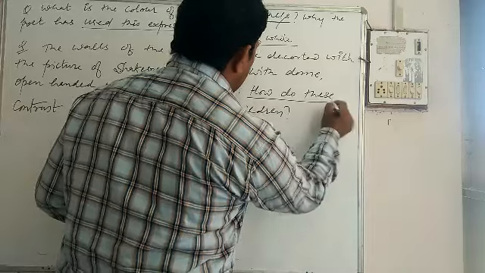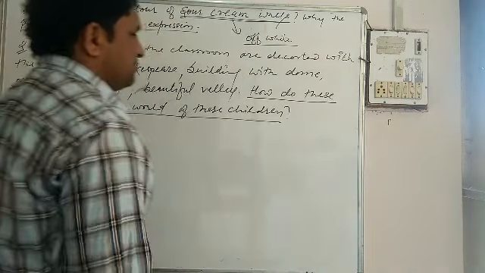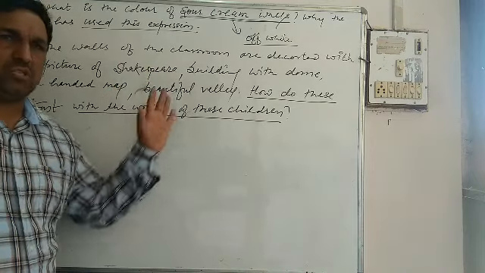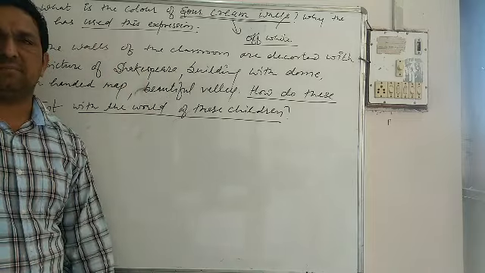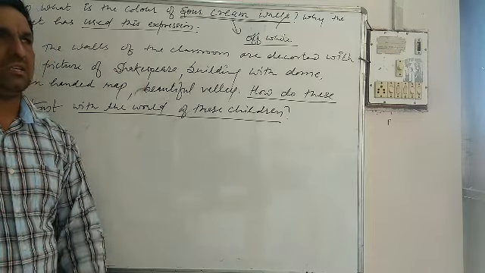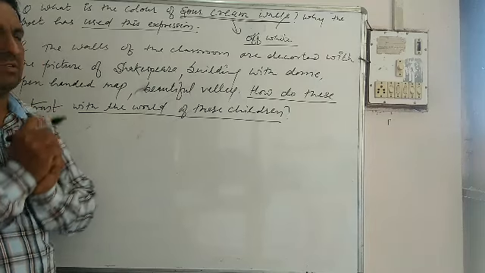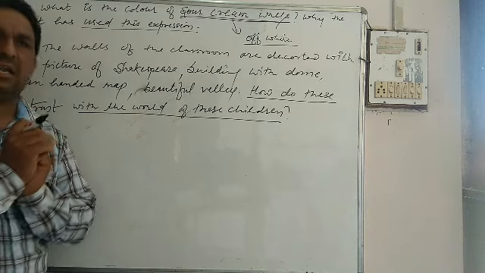Now the question is, how do these contrast with the world of the children? You know very well that these objects are totally useless for those slum children. They are suffering from various diseases and genetic disorders, and they have to survive their entire life in unhygienic conditions.